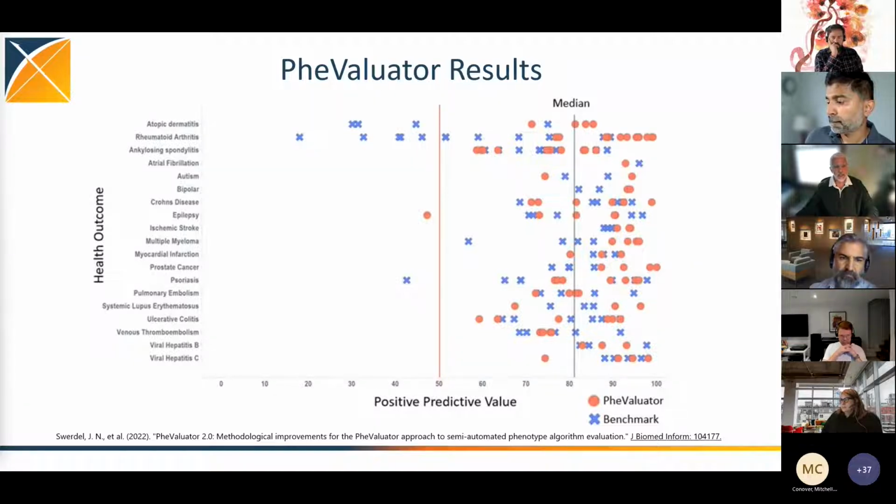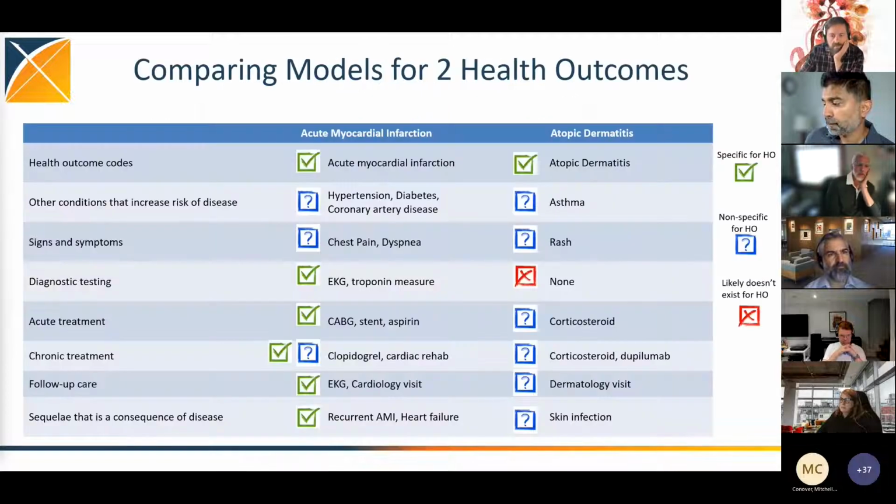We did see some exceptions, though. For instance, for atopic dermatitis, we seem to have higher prediction than what was done in the clinical studies. One of the things that you notice is that with myocardial infarction, we had a lot of green checks, meaning there were things that were fairly definitive for myocardial infarction. But if you look at a condition like atopic dermatitis, we don't have that sort of thing.